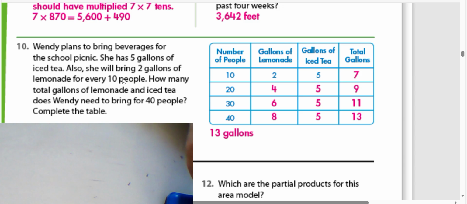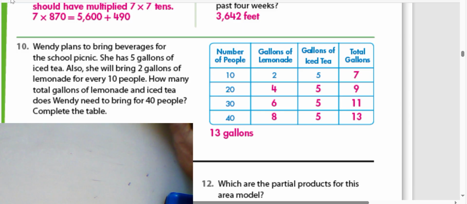Then each one can get 5. 10 divided by 5 equals 2. 20 divided by 5 equals 4. 30 divided by 5 equals 6. Because she will bring 2 gallons of lemonade for every 10 people. Understood? Then we have 2 gallons divided by 10, it will be half. Each person gets half.